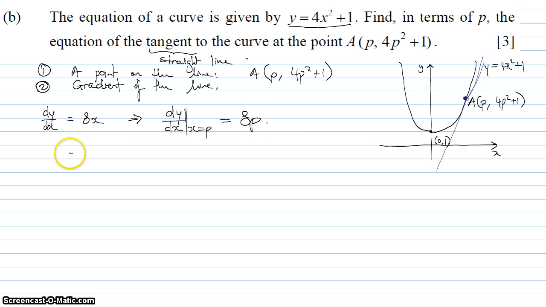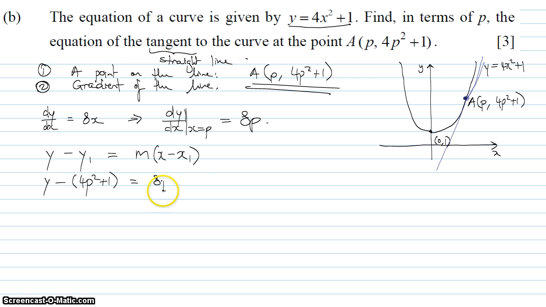So what's the equation of my line? Well, the formula is y minus y1 equals m times (x minus x1), where (x1, y1) is our point here. So I get y minus (4p squared plus 1) is equal to 8p times (x minus p).